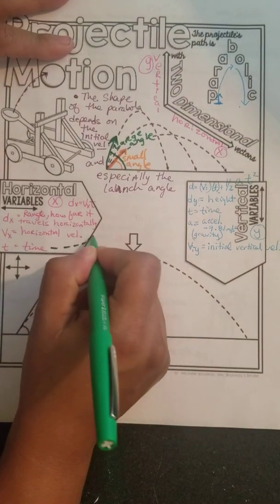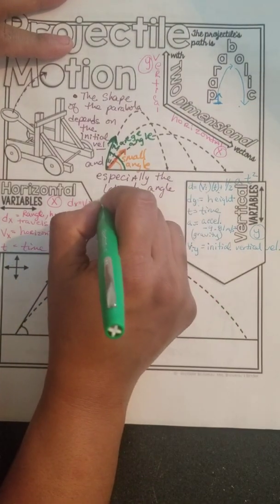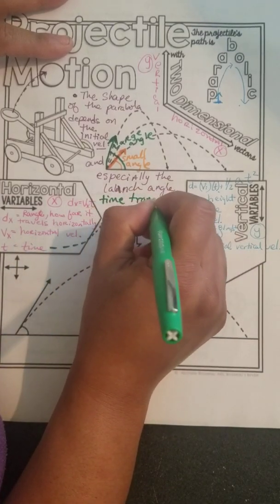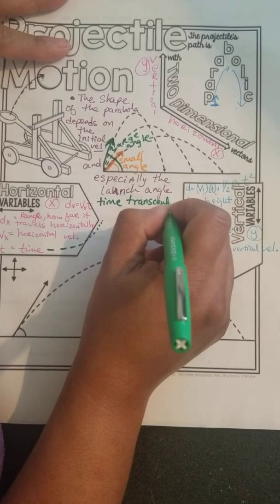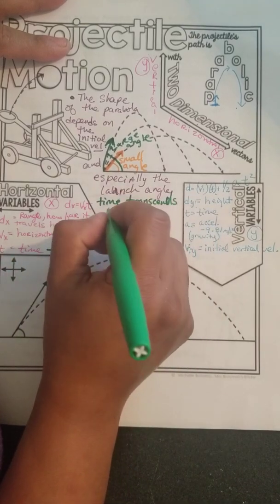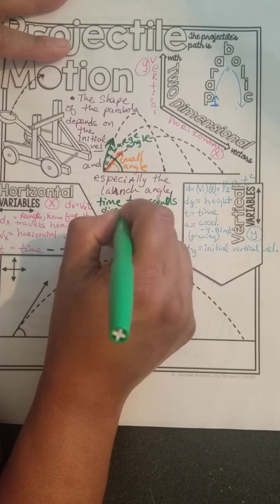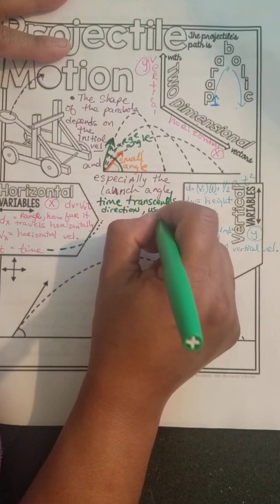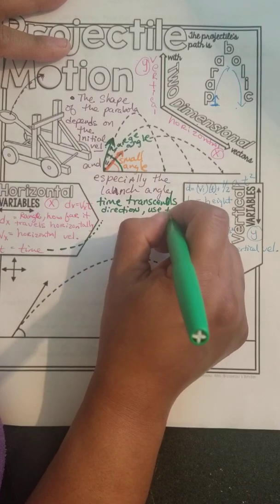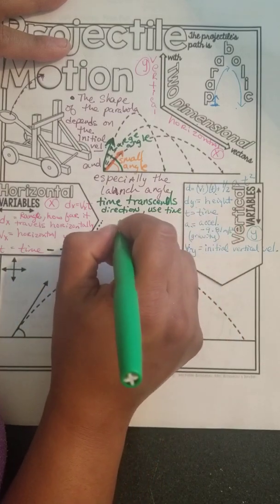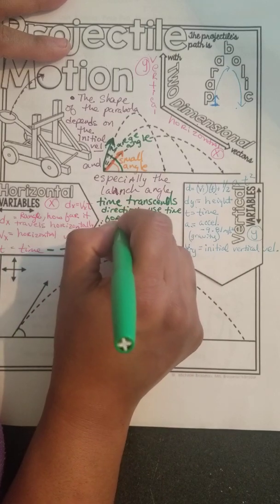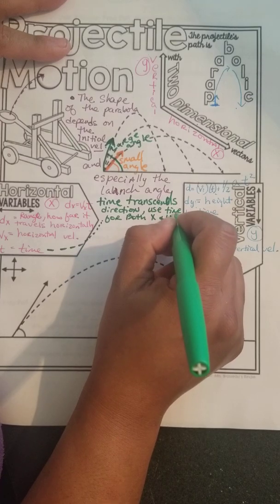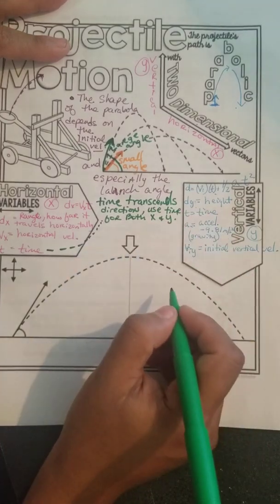Time is what we call transcends direction. We're going to use time for both the X and the Y. Okay?